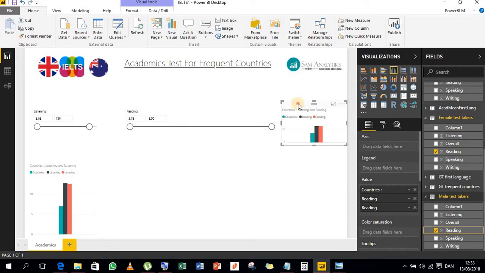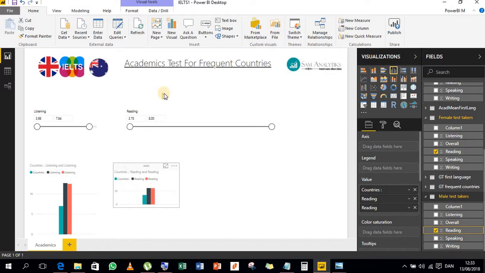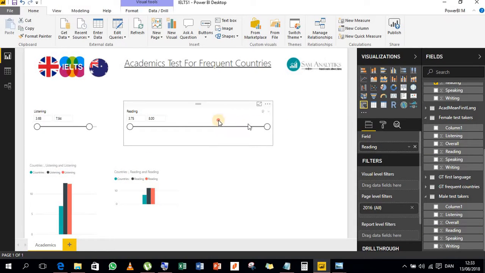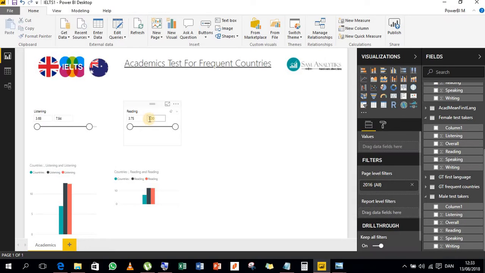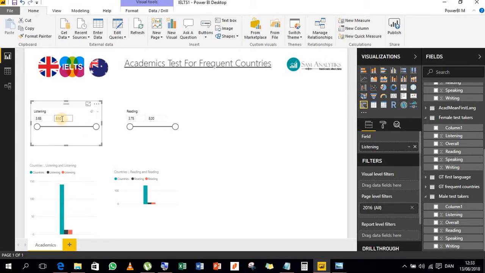Once I take it, the score now varies up to 8.0, and it was previously 8.50, so 0.5 is the difference.